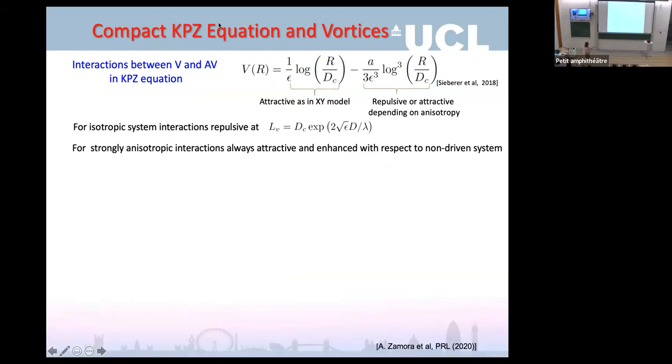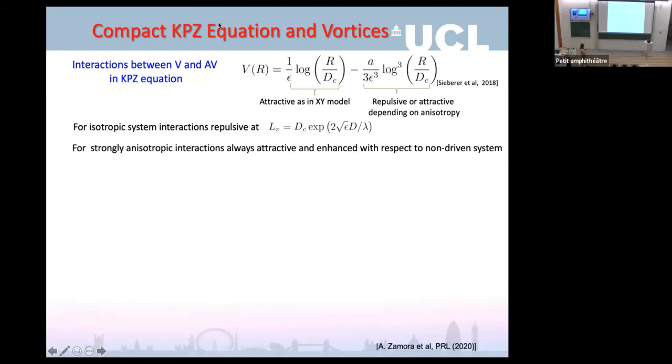That's why you have a BKT transition, because they attract each other and they annihilate at the transition. However, here in the KPZ case, they acquire an additional term, a negative term here. And this term can be either positive or negative. So you could enhance this attraction, or when it becomes positive, so you have minus here, it might lead to a situation where vortex and anti-vortex pairs repel each other.